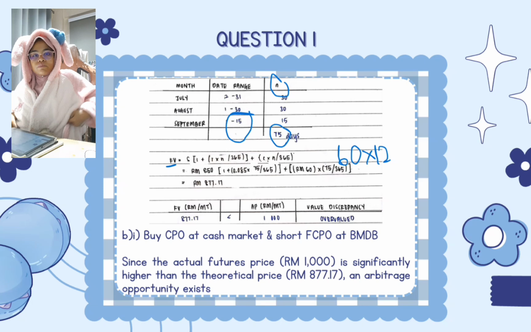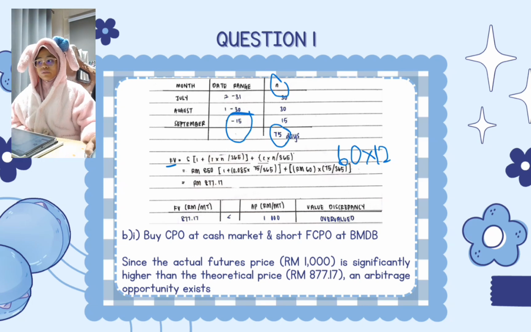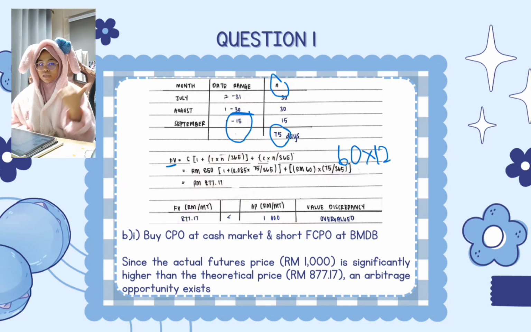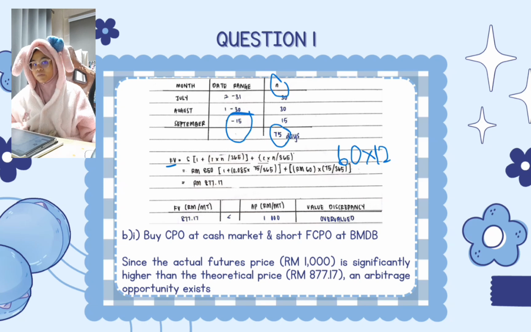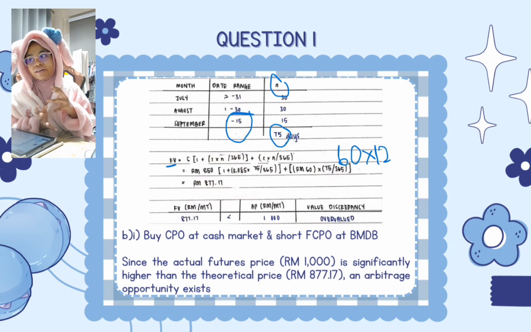Therefore, the value discrepancy is that it is overvalued. Usually it will be overvalued because overvaluation is more common due to speculative demand, cost of carry assumptions, and market dynamics like premiums and leverage.